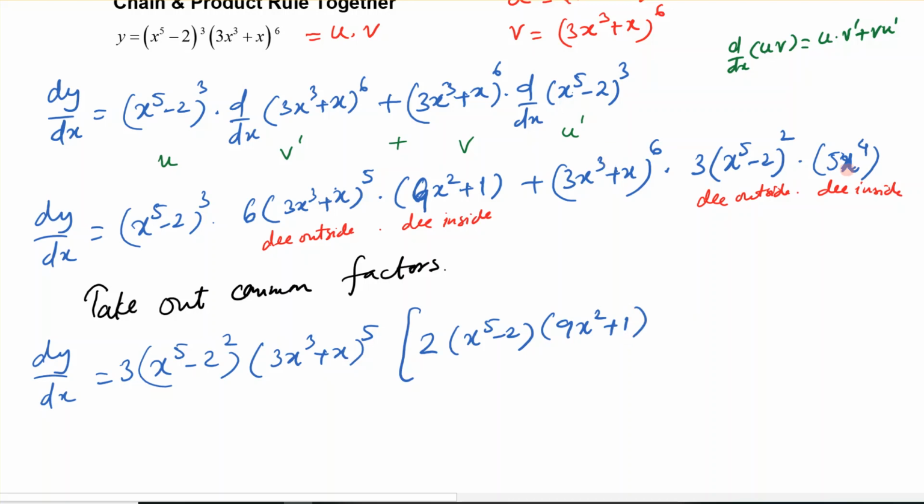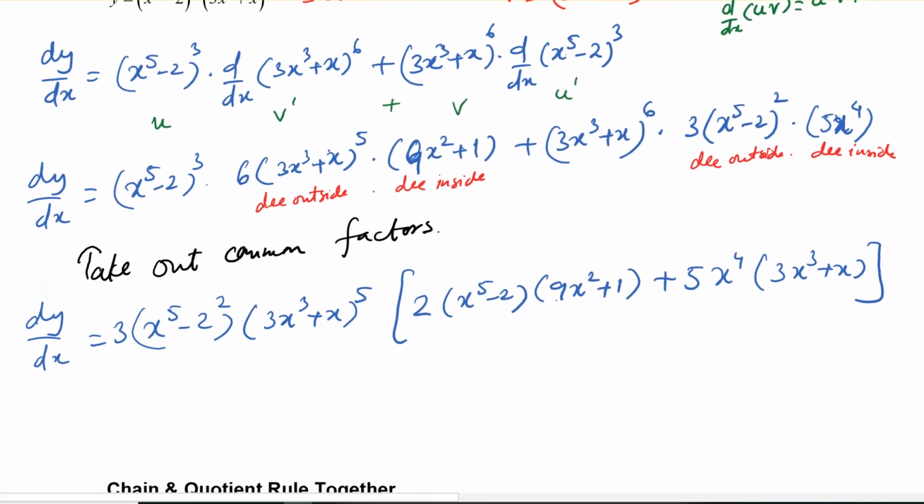Similarly, in the second term, we are left with a 5 and x^4 and 1 copy of (3x cubed plus x). And now we can expand whatever is inside this square bracket and solve it.